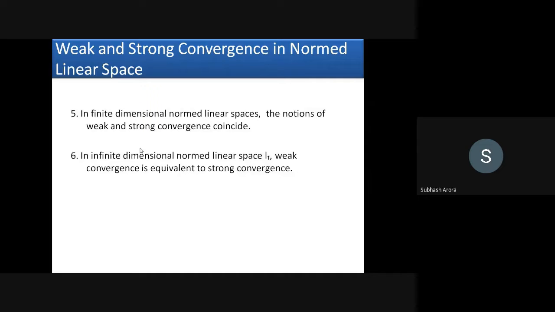So with this we change the topic, and we now talk of convergences in measure spaces.